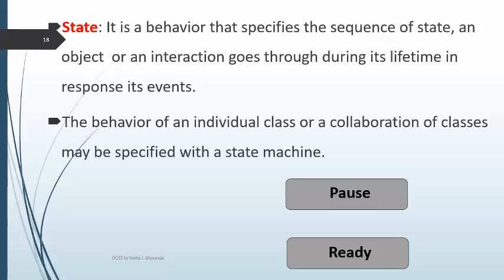If the CPU is on, then it might be in a different state, like running or waiting. If it is off, that is also one type of state of the CPU. So this is represented as a state. A state is a behavior that specifies the sequence of states of an object or interaction.